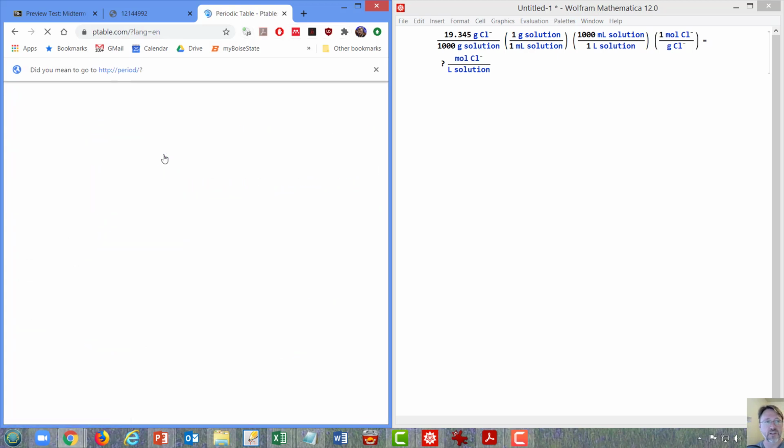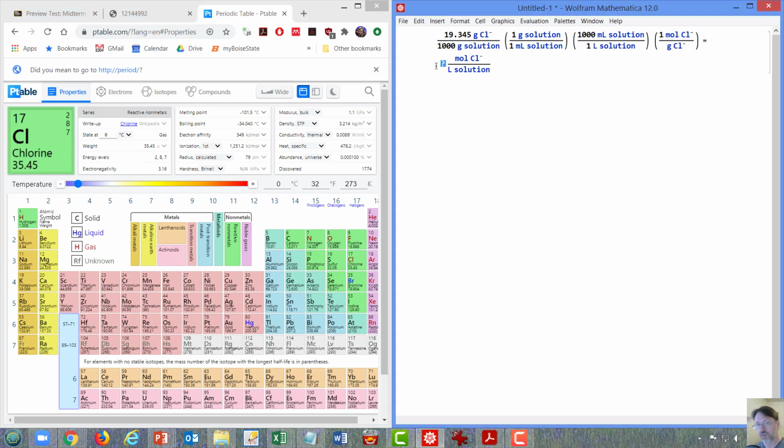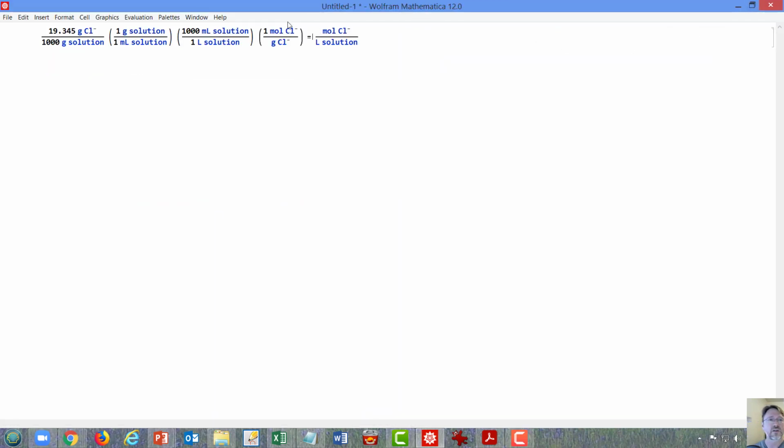Chloride is 35.45, so we will call this 35.45 grams of chloride. Okay, now we see how to do this calculation, because if you notice here, grams cancel, we're at moles, so we're where we need to be.